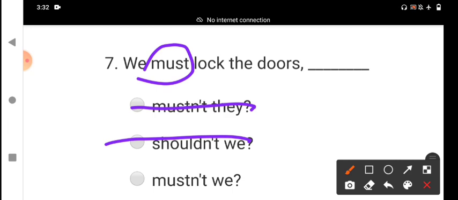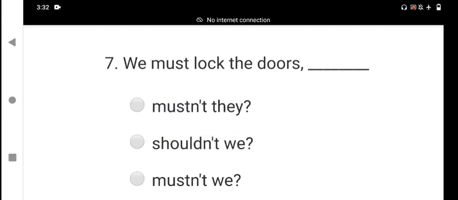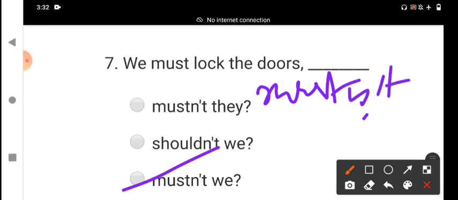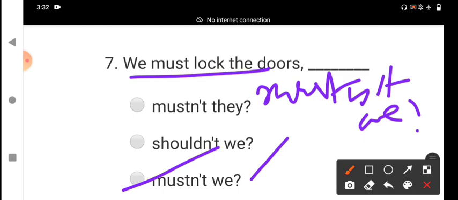And then mustn't we is the right answer. This is the third one. Mustn't we, it is the right answer. Why should we select that one? This is a negative tag and this is a positive statement. That's why we have selected that one.